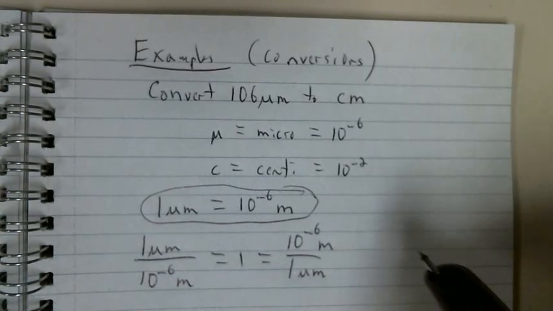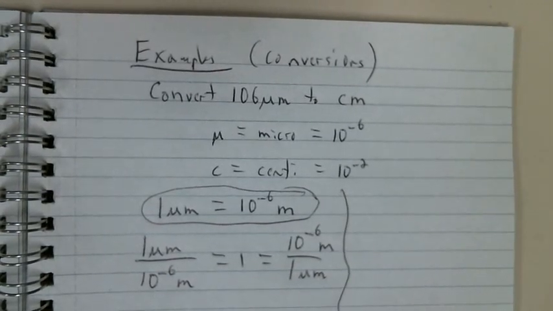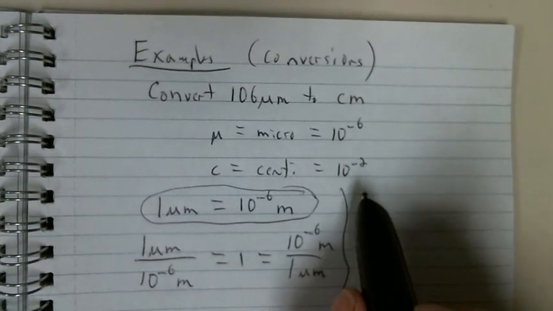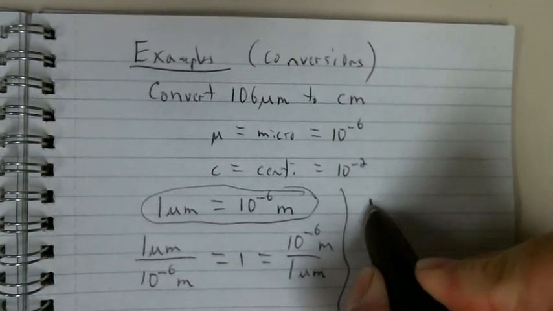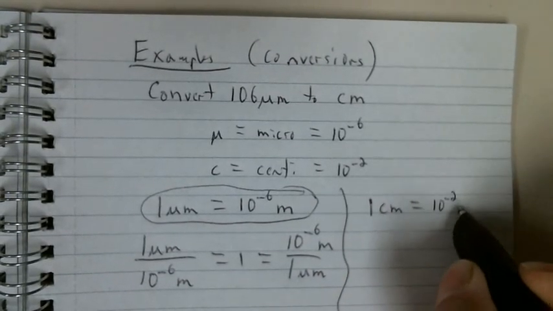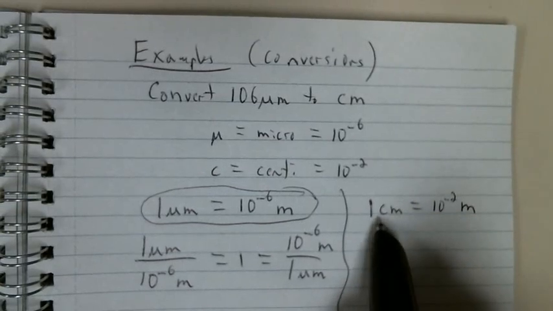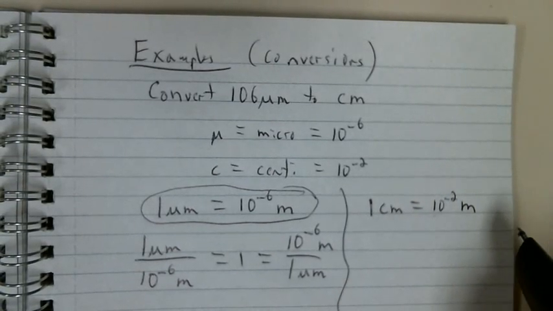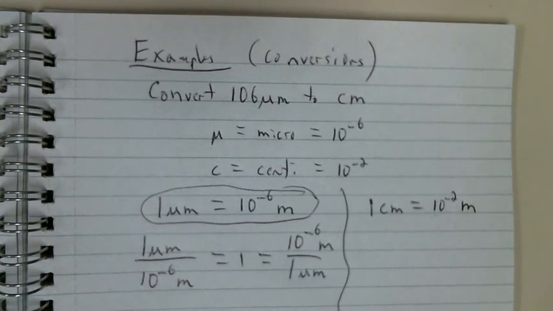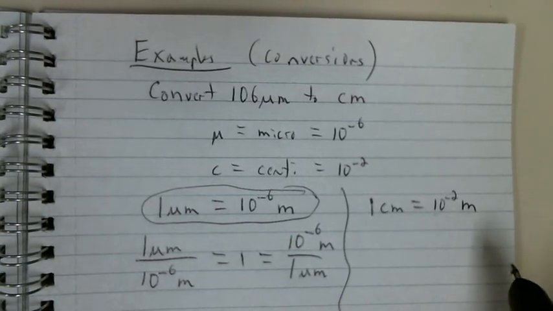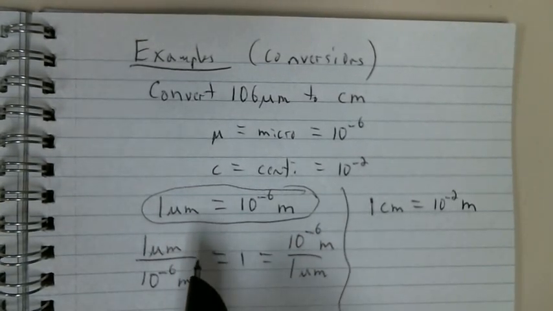Okay, so I'll do that actually with the other one. So centimeter, we could write 1 centimeter is equal to 10 to the minus 2 meters, because centi means 10 to the minus 2. Does that make sense? For me at least, the ones that we're familiar with, so micrometer, not so much.